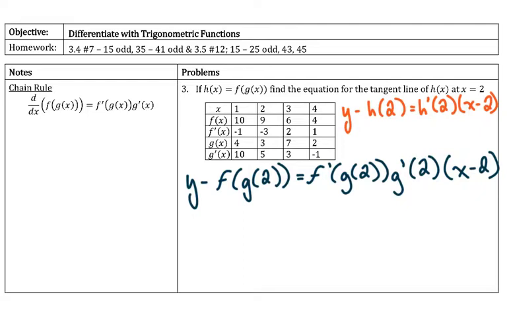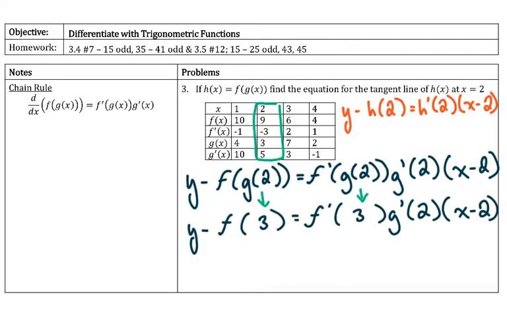We're going to start with x equals 2. And we'll see g of 2 is plugged in in both of these cases. So we're going to start with that, and g of 2 is 3. Now you can see that we're looking at g prime of 2 here, so we're going to stay in this column. But for f of 3 and f prime of 3, we're going to have to use this one here.